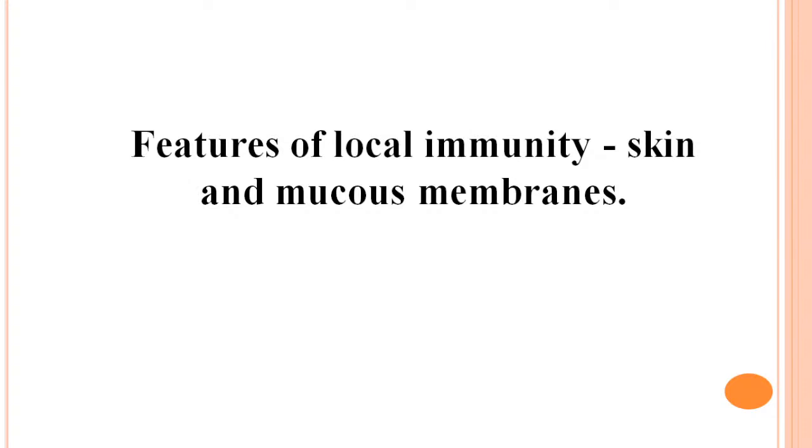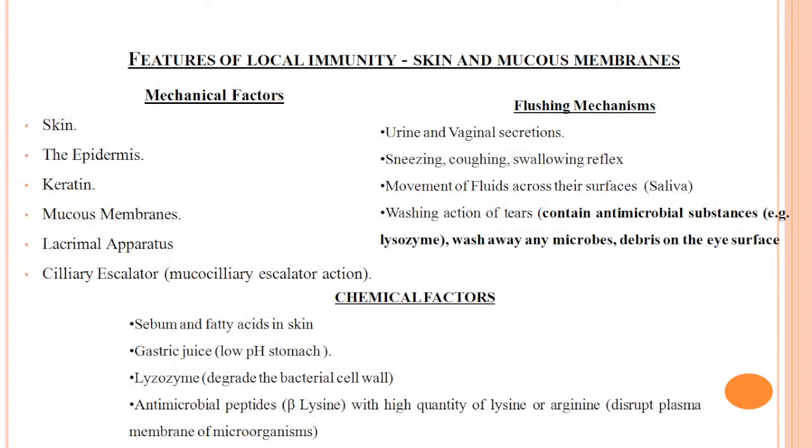Local immunity is protection of skin and mucosal membranes. Local immunity, which includes skin and mucosal membrane, is a barrier of innate immunity. You remember it from lecture number 2.